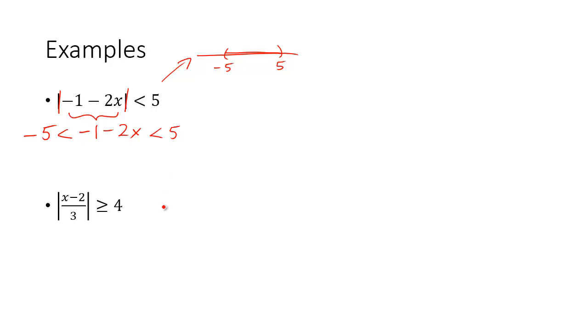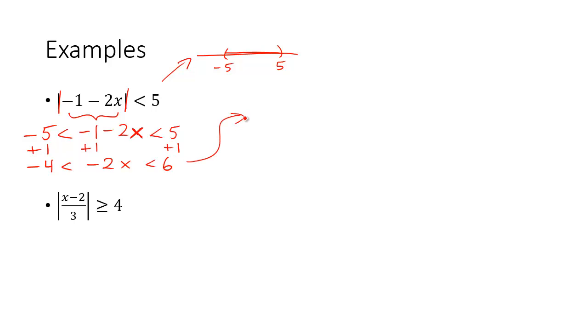Now we can solve it by doing the same thing to all three sides. We can add 1, and we do that by deciding that x needs to be alone. What do we need to do to it? First we have to add 1. So we have -4 less than -2x less than 6.